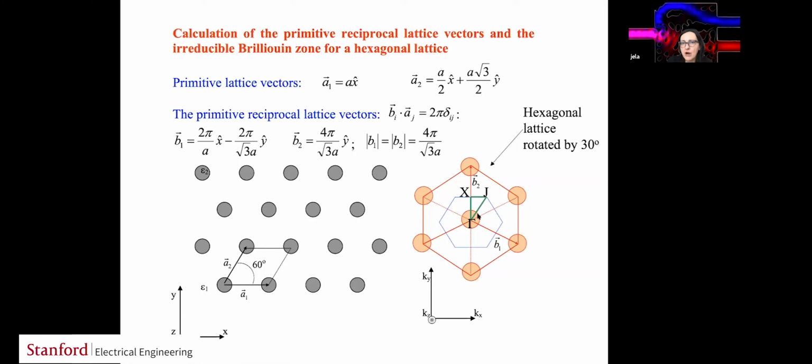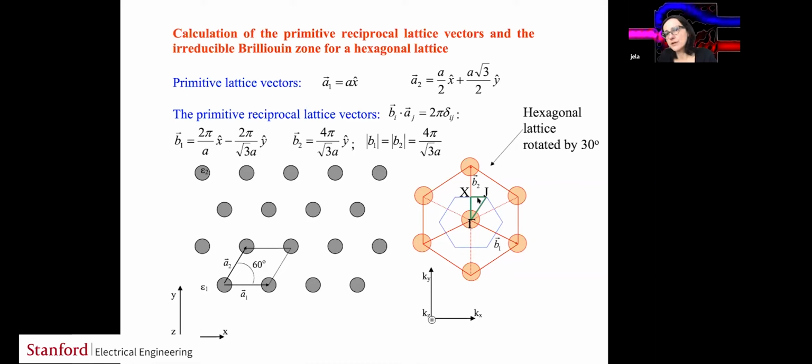So let's pick one node and plot the bisectors, right? So it would have 6 nearest neighbors. Here is a bisector, another one, another one, another one, another one, another one. So the first Brillouin zone is a hexagon. Okay? And then you can show by symmetry that each triangle in this hexagon is exactly the same, right? Because there are 6 equilateral triangles.